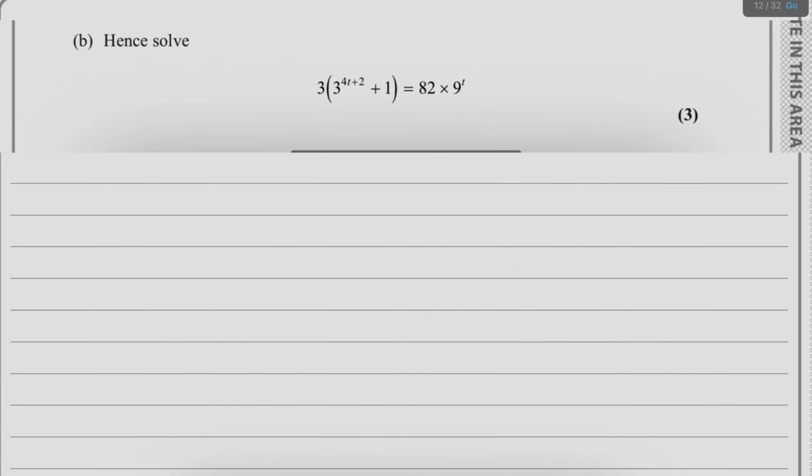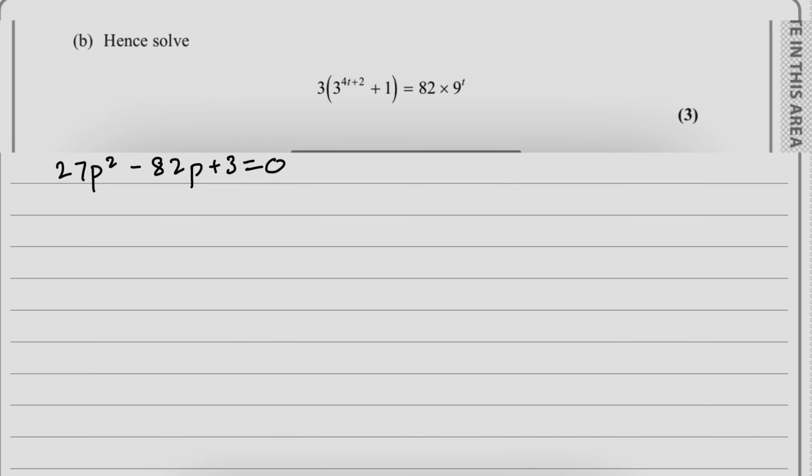Now for the next and last part, I believe, hence solve this. Since it says hence, we know that we have to use something from the previous question, and we already rewrote this as 27p squared minus 82p plus 3 is equal to 0.